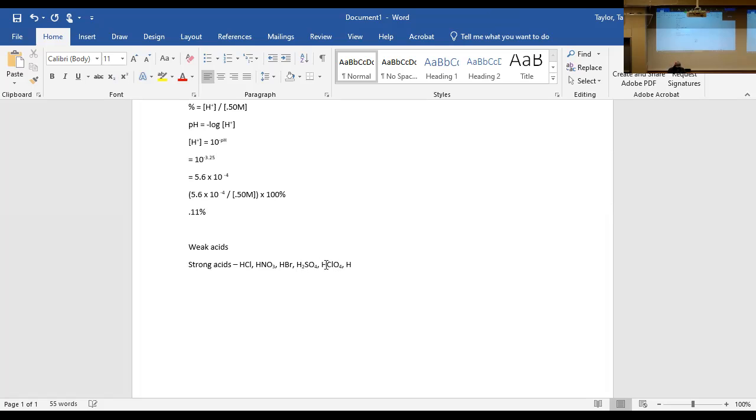Hydroiodic acid, which is HI, hydrogen and iodine, and chloric acid, HClO3.